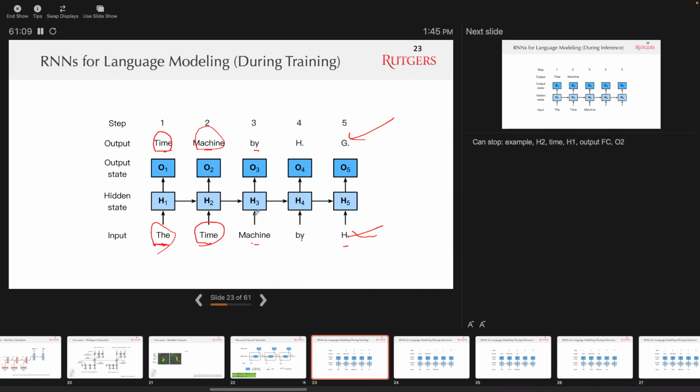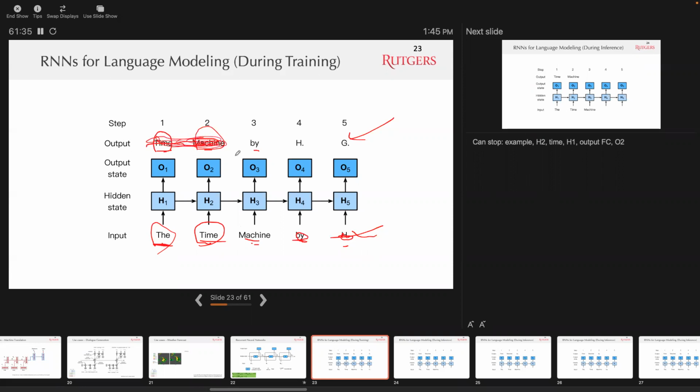If you want to do this, during training you can actually use our many-to-many setting, right? You can train the model using the many-to-many structure. So this is your input, the time machine, and you kind of remove this, and remove this, and remove this.